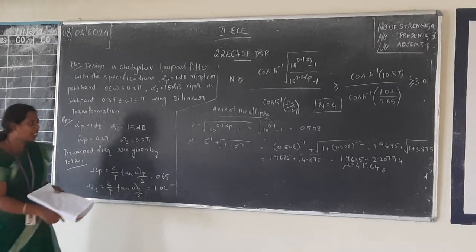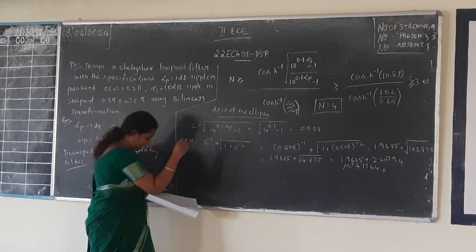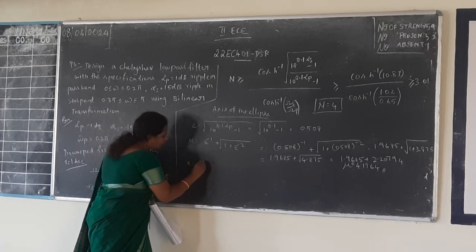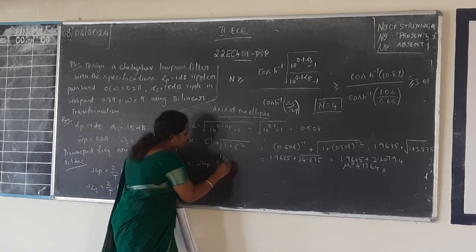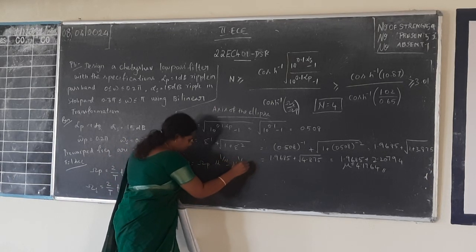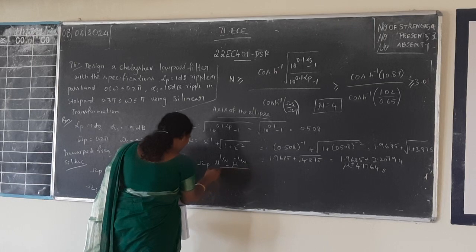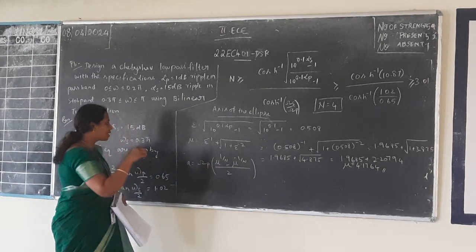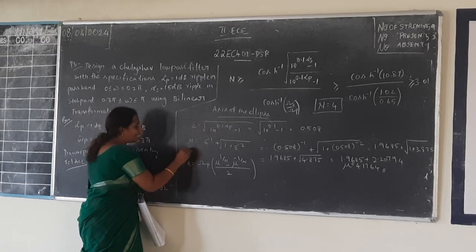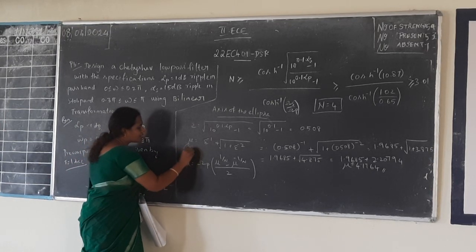Next we have to find out the A and B values. The formula for A is equal to omega suffix p times (mu power 1 by n minus mu power minus 1 by n) divided by 2. So A is the minor axis, we have to assume that, and B is the major axis.